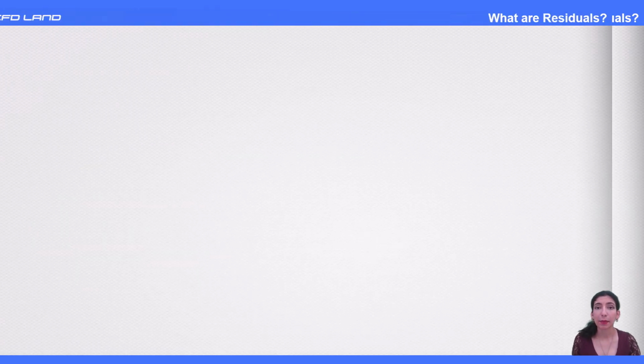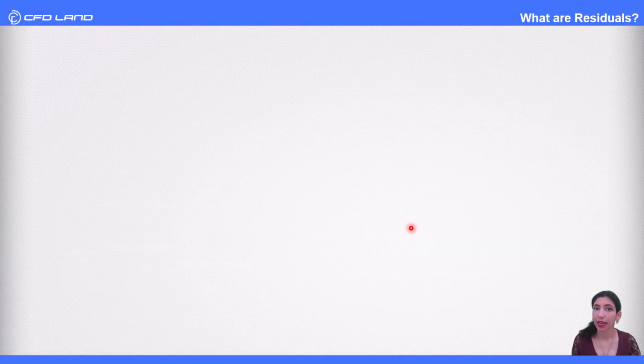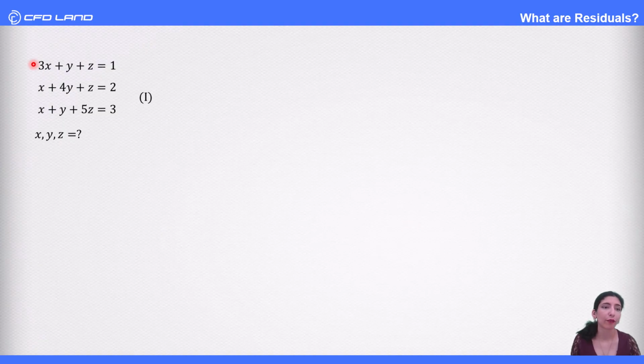Let's look at a simple mathematical example. We have three equations and three variables, x, y, z. Now, we want to solve these equations numerically. It is possible to have an analytical answer for them, but for the sake of this video, we are going to solve them numerically.